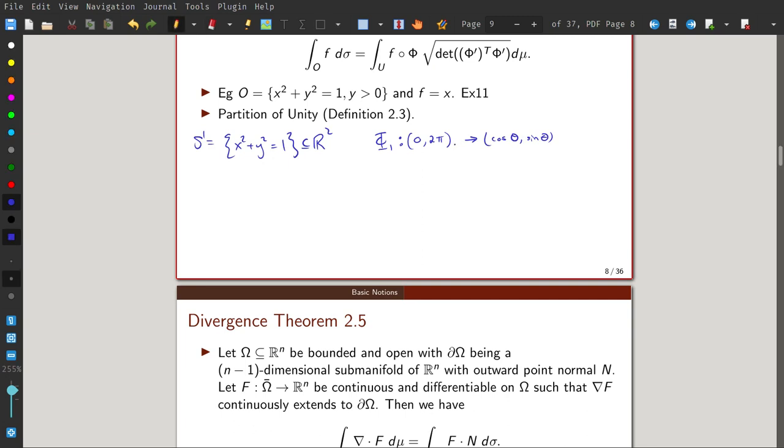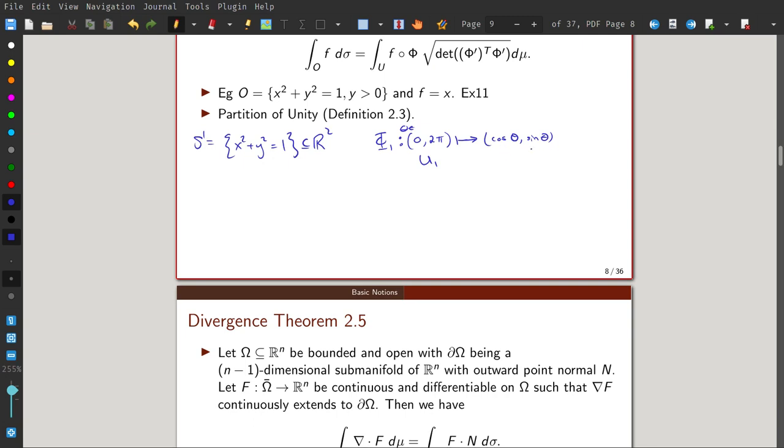My notation is pretty bad here. It should be theta in this set is mapped to cos theta, sine theta. And so what we have here is an open subset, this would be U1, which is an open subset of R, so one variable, continuously differentiably mapping onto the set S1, but not all points of S1 are covered.